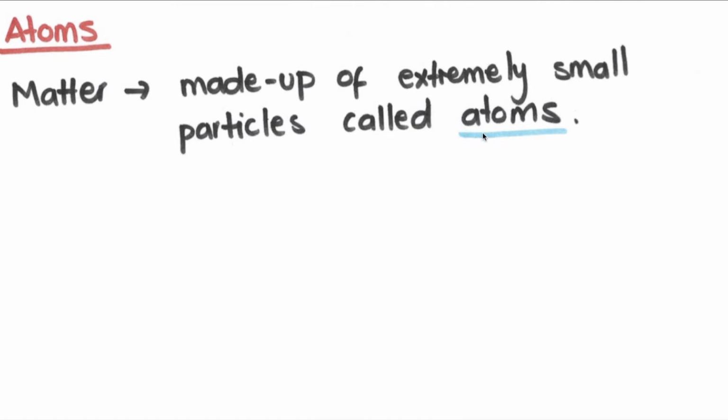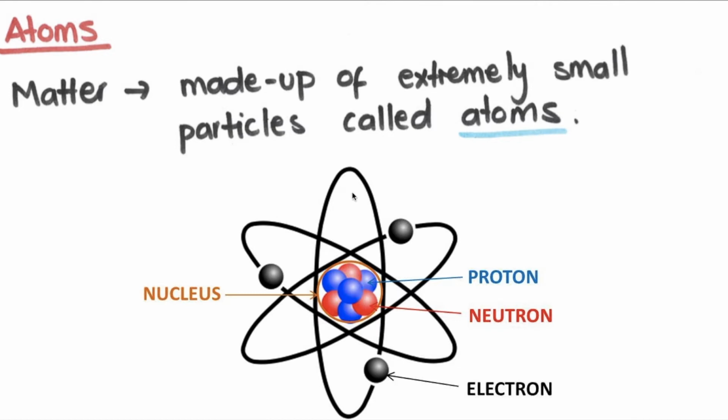But for now, I just want you to understand a little bit. I want to explain a little bit what these atoms are. So this is a model, a representation of what an atom is. You don't need to learn or memorize all this. I just want to explain it to you so you understand it. And what you need to know is that this is a representation of an atom. A real atom doesn't look like this.